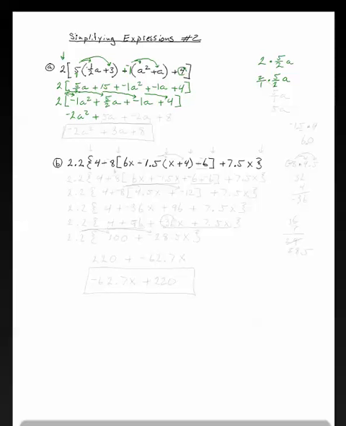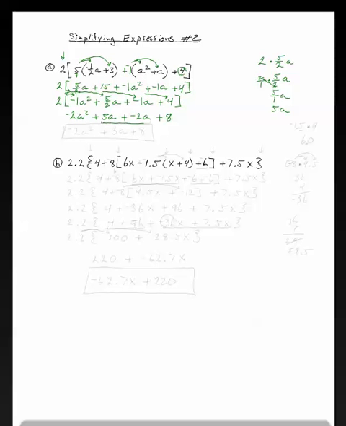And we can see that the 2's are going to cancel on this diagonal, which leaves us with 5 over 1a, and 5 over 1 is really just 5, so that's 5a. So we've got a 5a plus 2 times negative 1a is negative 2a plus 2 times 4 is 8.